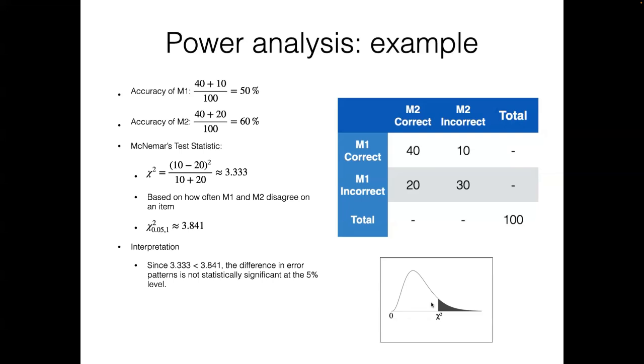This argument I'm going through is a standard argument when you're doing these significance tests. It's not specific to power analysis. But power analysis says, let's say we repeated this experiment with different samples of 100 data points.